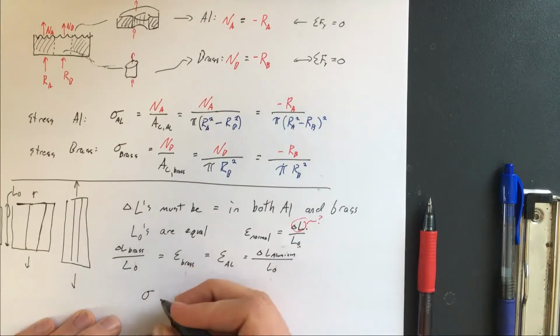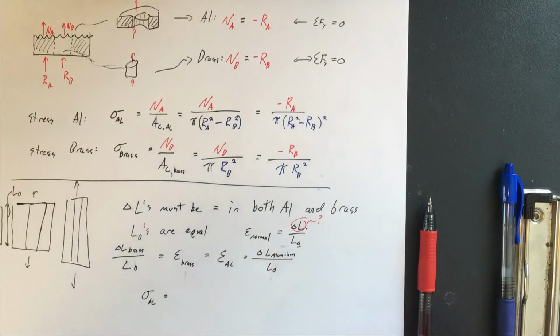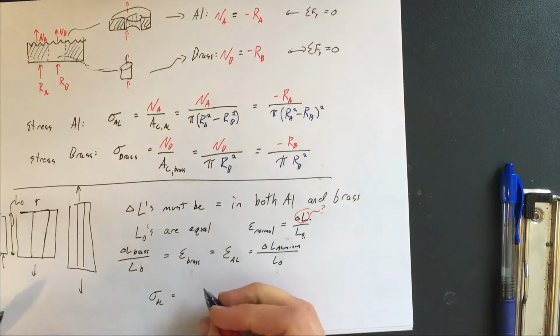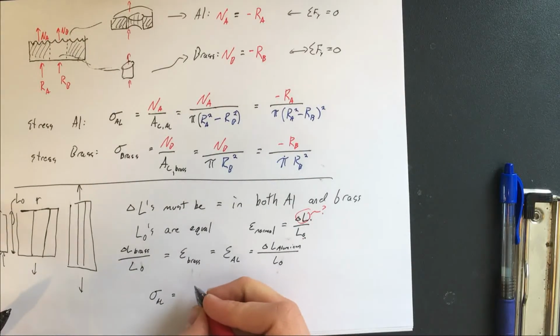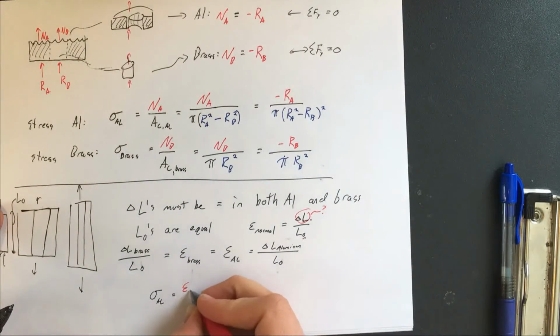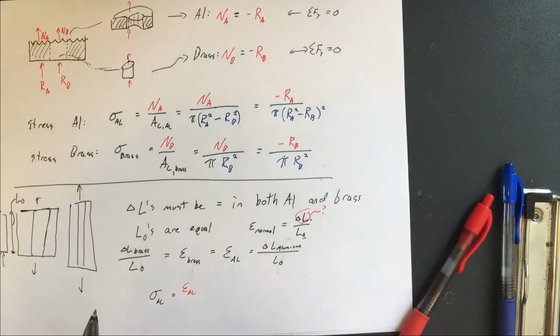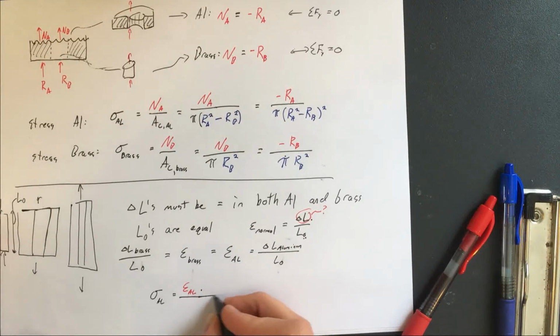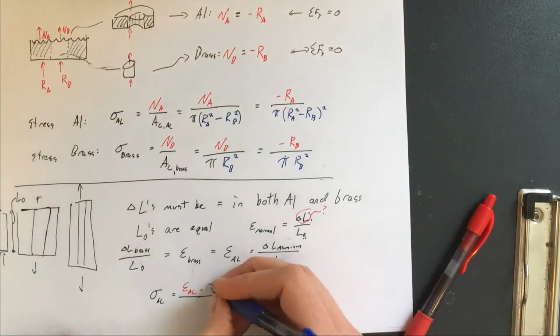This basically means the stress in the aluminum is equal to the strain in the aluminum times the Young's modulus of aluminum.